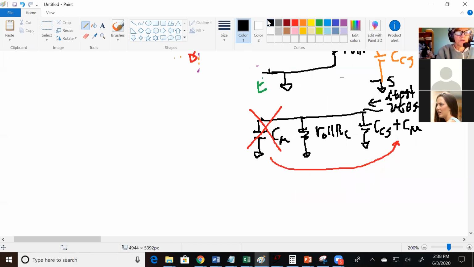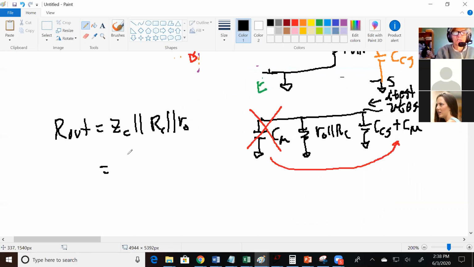Now you have two impedances in parallel. Let's use over here. R out equals ZC in parallel with RC parallel RO. And then again, what's the impedance of a capacitor? 1 over J omega C. Yeah, J omega C parallel RC parallel RO.